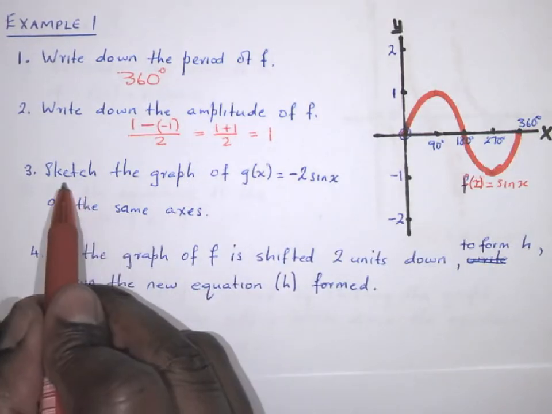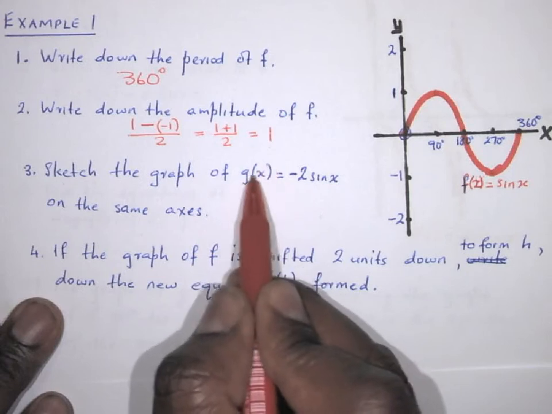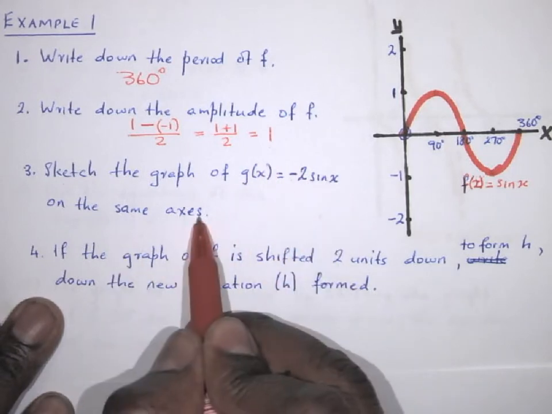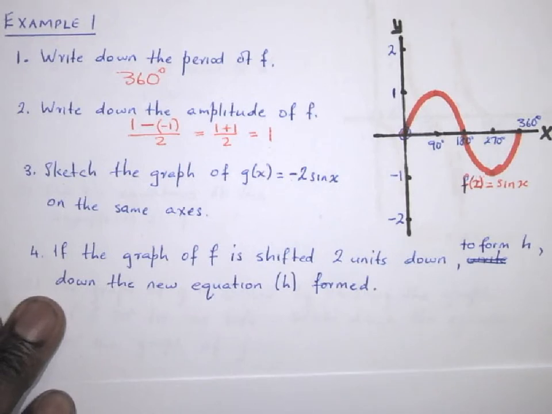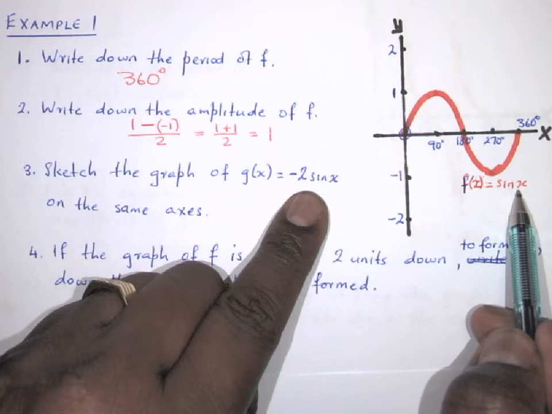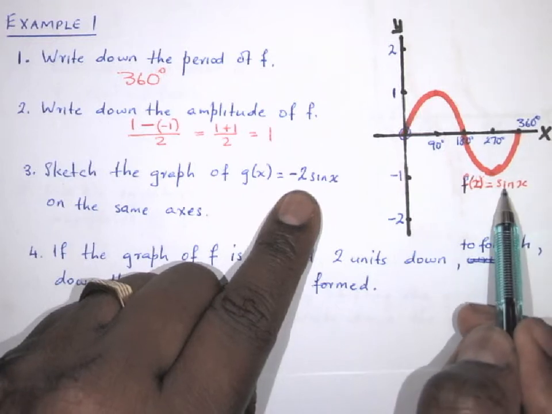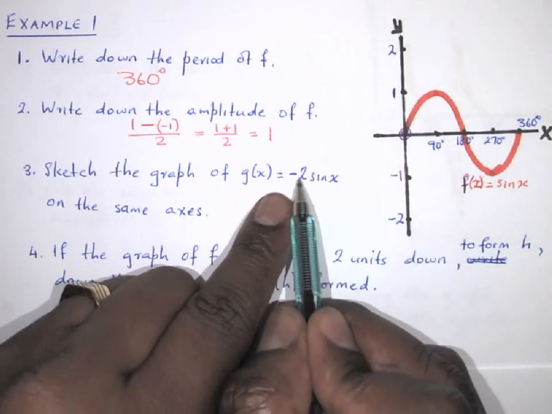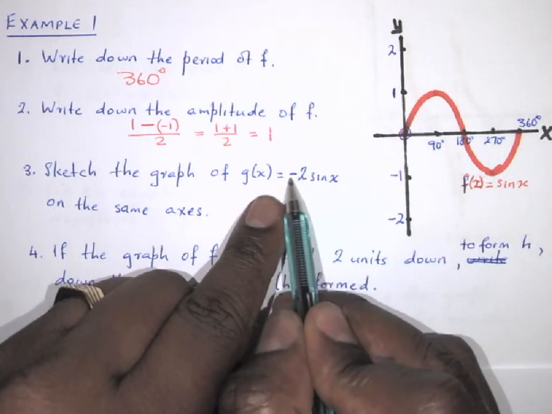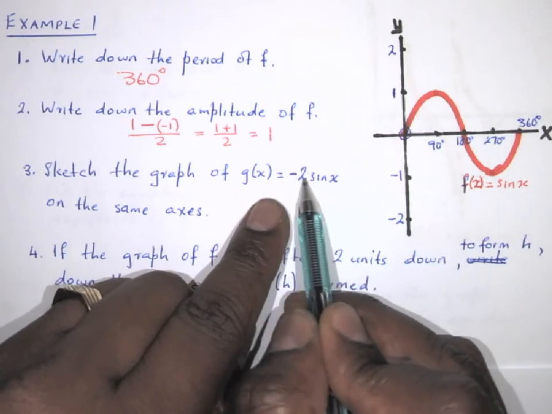Next one. Sketch the graph of g of x equals negative 2 sine x on the same system of axes. Now, you can see that this is sine x, which is the same as this sine x over here. But what did they do to this sine x? They multiplied by negative 2, meaning the y values are being multiplied by minus 2.